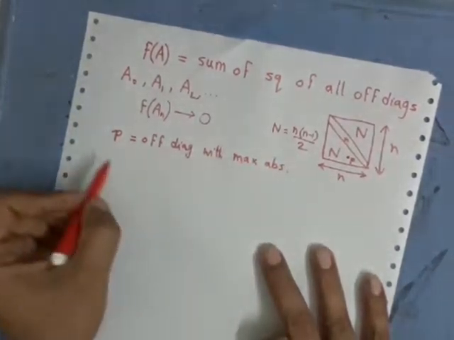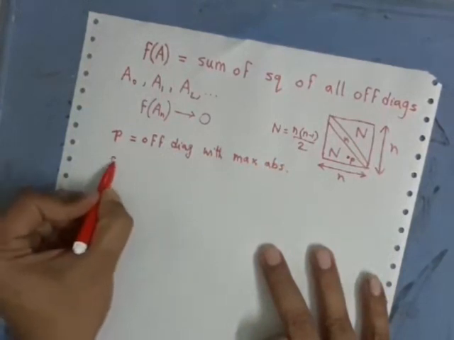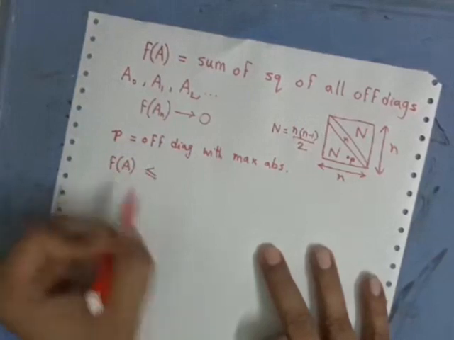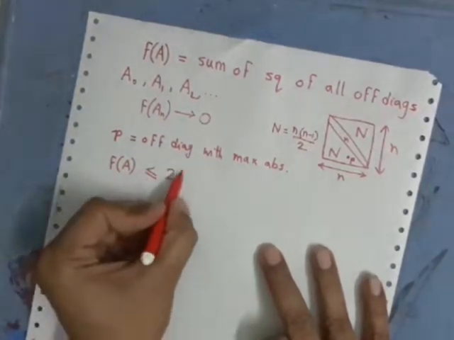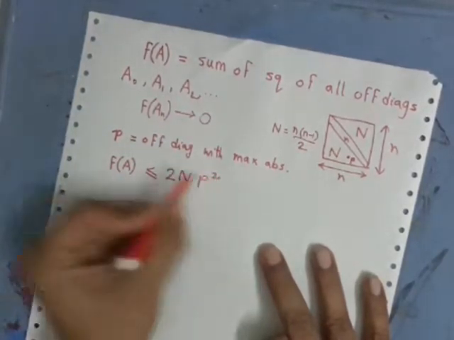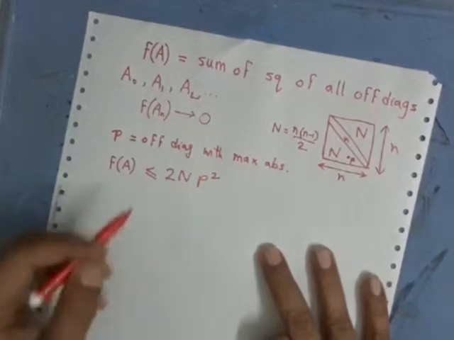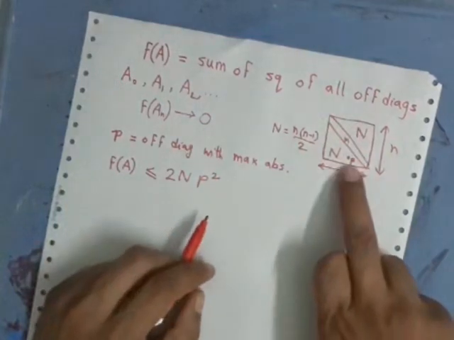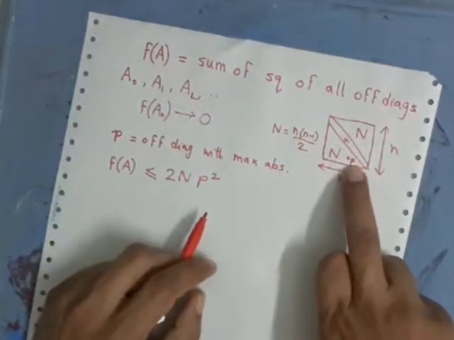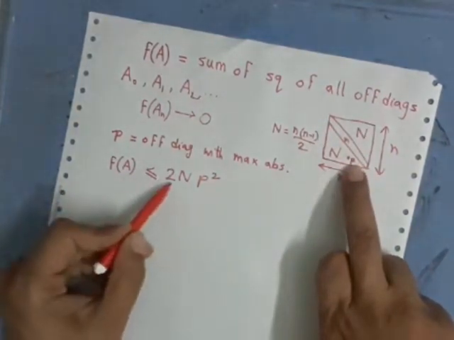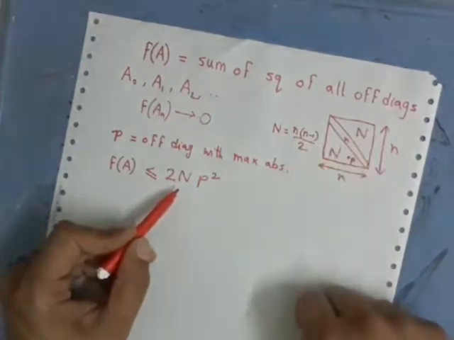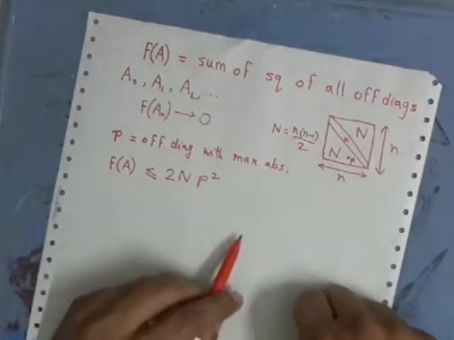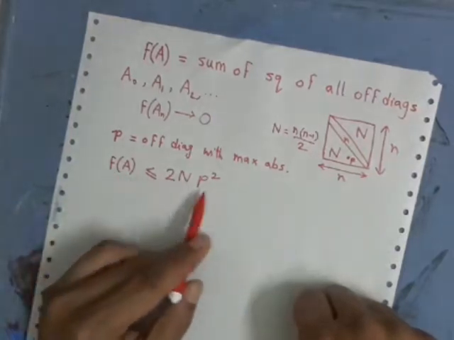Since it has the maximum absolute value, we can immediately say that F(A) must be less than or equal to 2N P squared. And why is that? Because if I square all the off-diagonal entries, each of them must be less than or equal to P squared, and there are N of them on this half and N on that half, so the total can never exceed 2N P squared. So I already have one inequality.